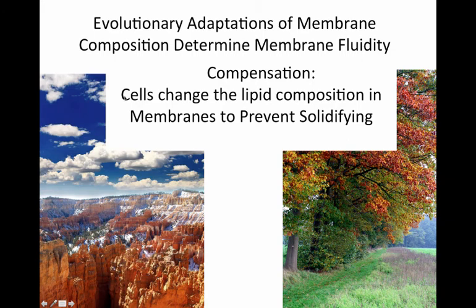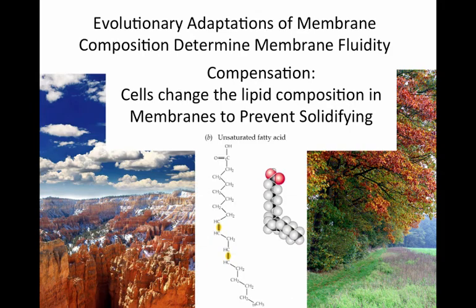Their method of compensation is to change the lipid composition in their membranes to prevent solidification. This is crucial, so important that you understand this concept. And how would they do that? They would change the composition by increasing the unsaturated fats.